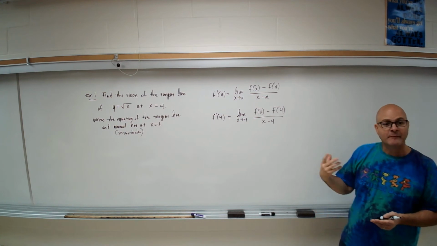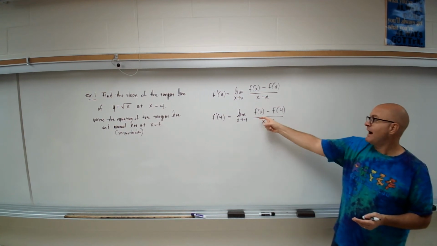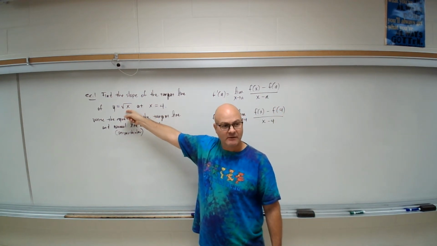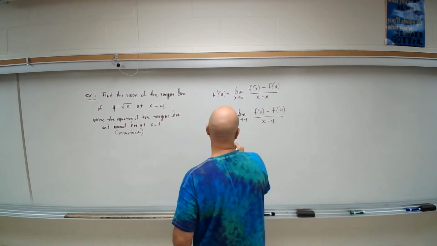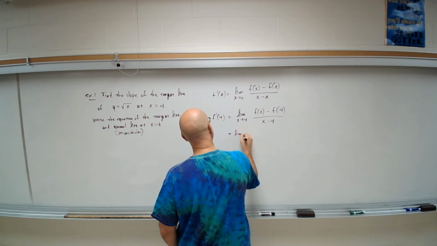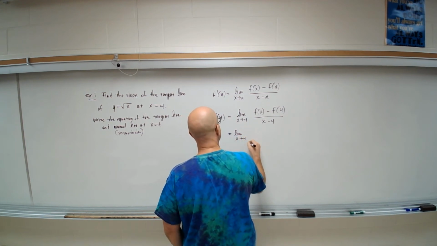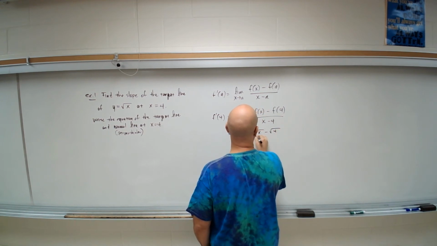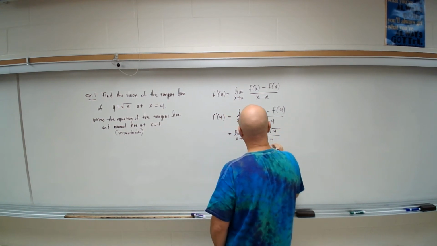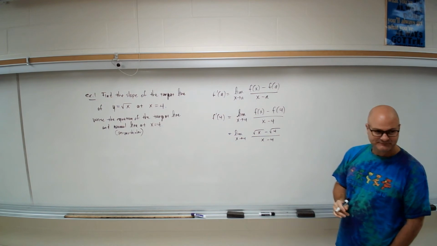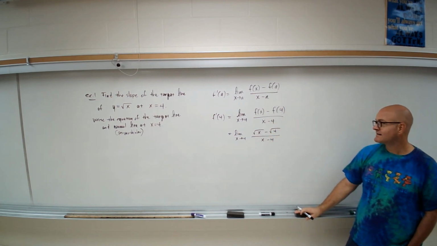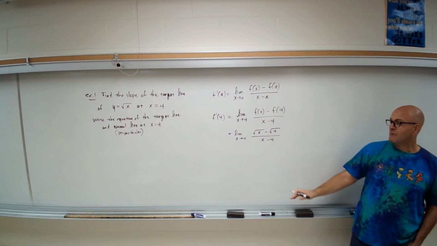Okay. Now from here we can evaluate. So f of x we know is just the square root of x, correct? So let's see, we'll get the limit as x approaches 4 of radical x minus radical 4 over x minus 4. So again, I replaced f of x with the square root of x, and that became the square root of 4.